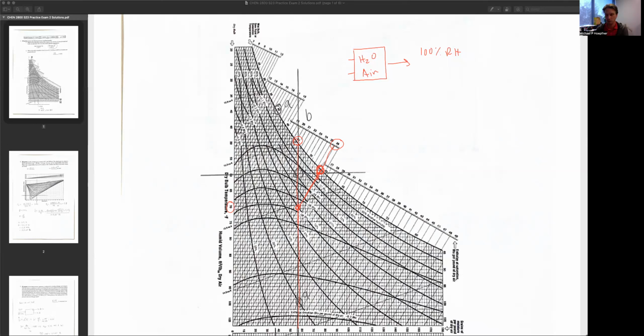So just to recap, we have essentially 3 different points that we can look at. At 70 degrees, once the dry bulb temperature equals the wet bulb temperature, this is 100% relative humidity.